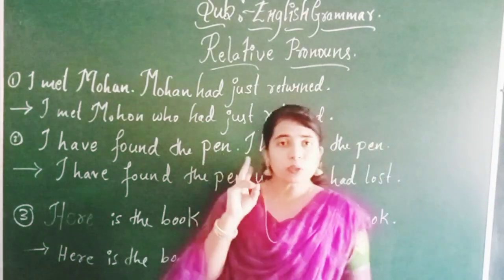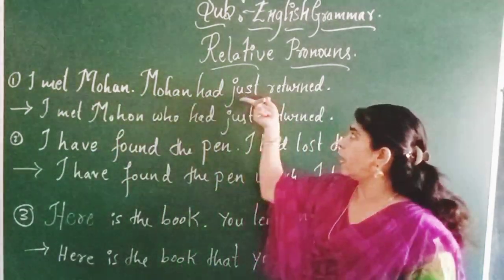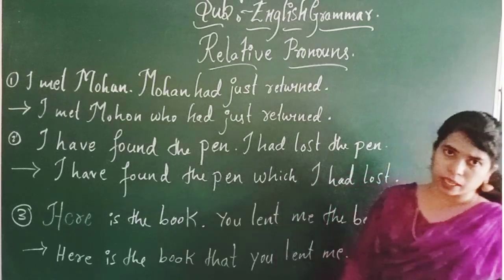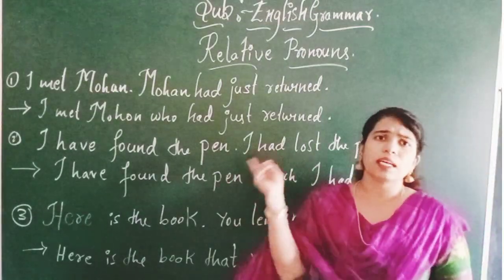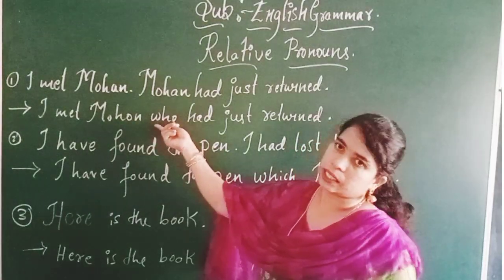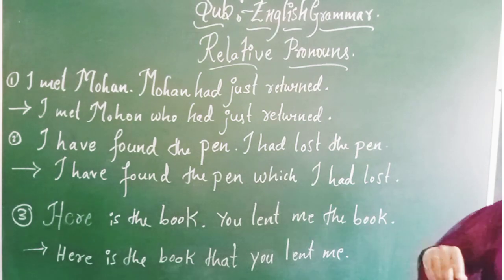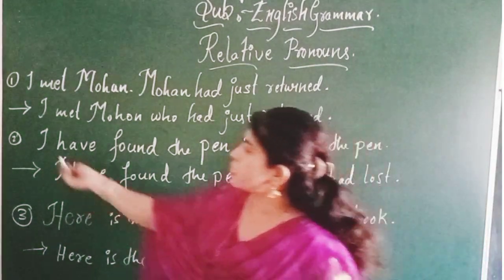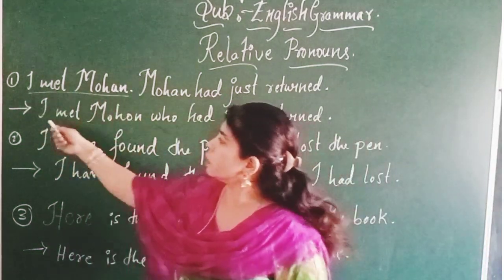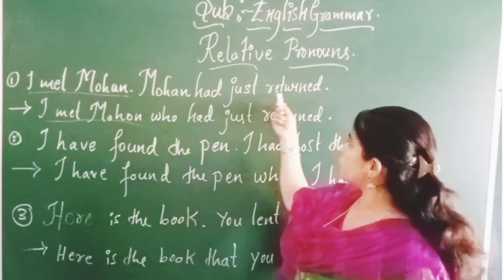Okay, two different sentences. I met Mohan. Mohan had just returned. There are two different sentences. We have joined two different sentences with one relative pronoun. I met Mohan. Mohan had just returned.